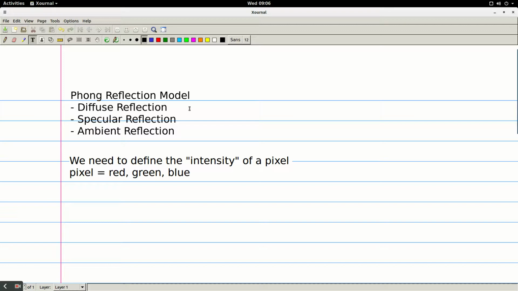So if you're talking about the intensity of a pixel, it really means the separate intensity of the red, of the green and the blue. So any pixel can be represented as a vector where you're talking about these three things. So intensity of a pixel is actually the intensity of red, green and blue separately. Okay?